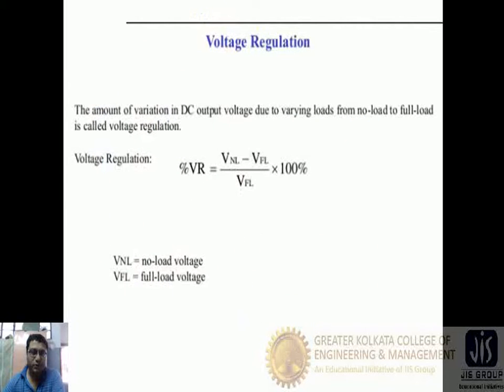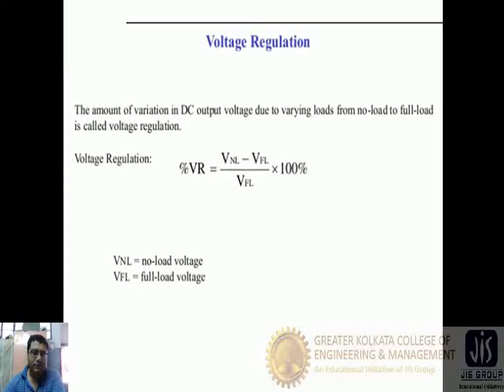Before starting the voltage regulators, we have to know the voltage regulation percentage, or the percentage of voltage regulation. The amount of variation in DC output voltage due to varying load from no load to full load is called the voltage regulation.